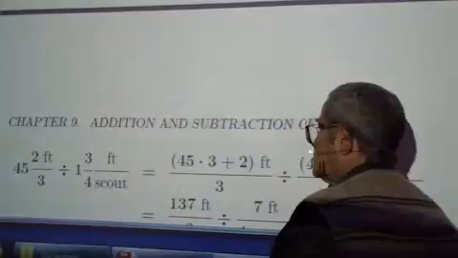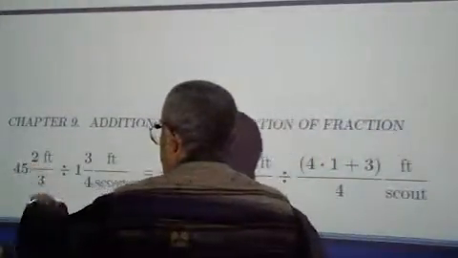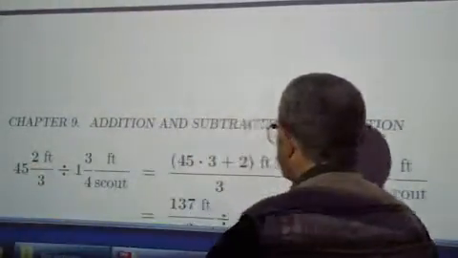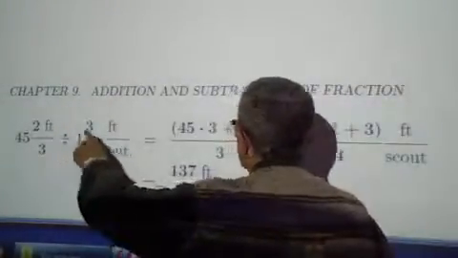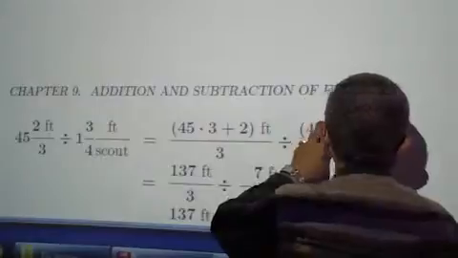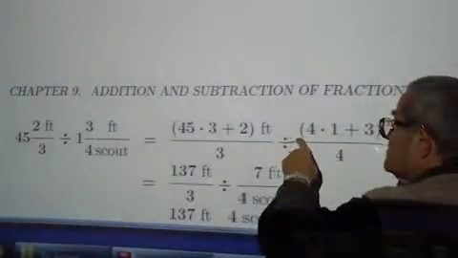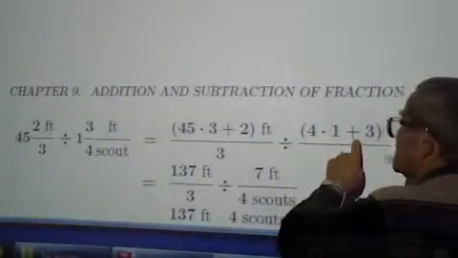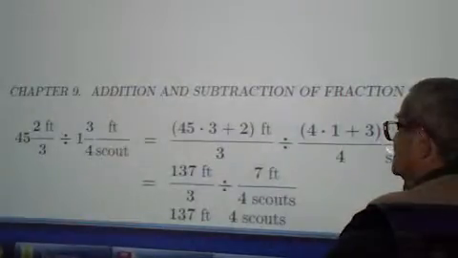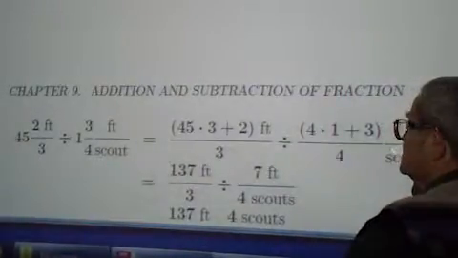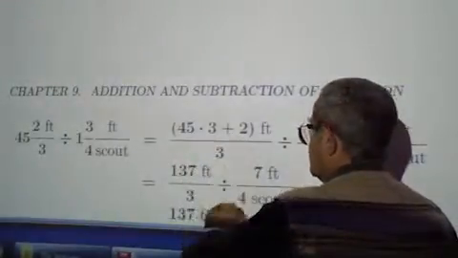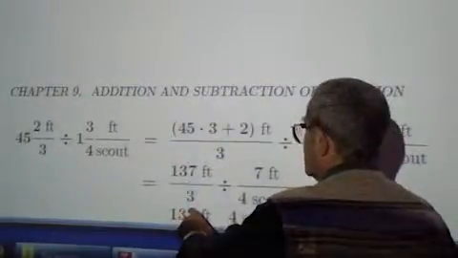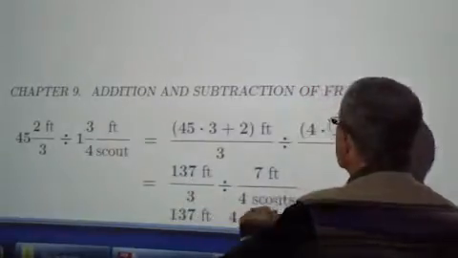The first thing I do is I need to make this an improper fraction. So 3 times 45 plus 2, that's supposed to be, what did I do here? Oh, this has nothing to do with this. This is 45 times 3 plus 2, that's 137.